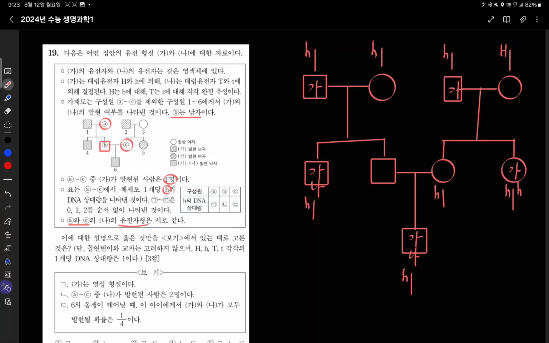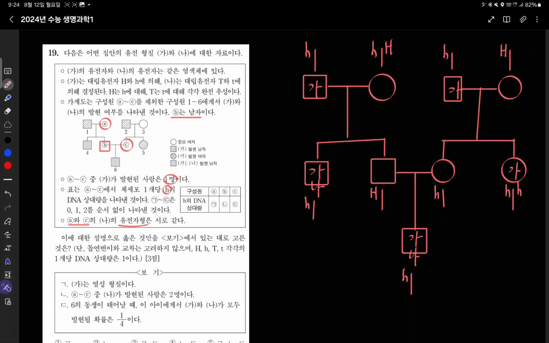And that means the individual B should not have lowercase h allele because one of them has zero lowercase h allele. So that means the individual B has a capital H allele. That means his mother, A, has capital H allele.